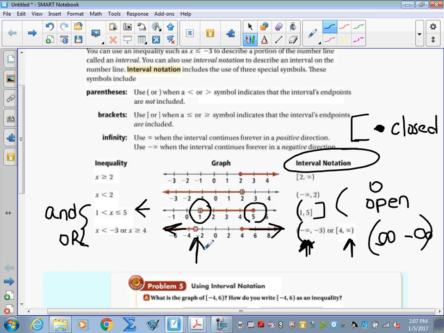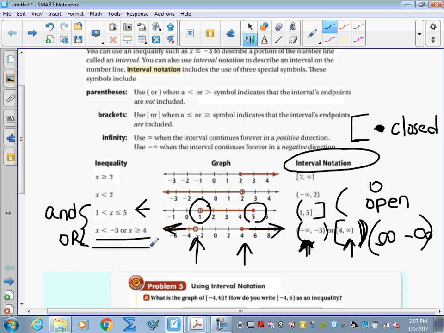And then for the -3 that's here, it's open, so that's why you see the parenthesis around the -3. On the other side, the 4 has a bracket around it because it's a closed dot, and then it goes to positive infinity. Again, we never close infinity. And that's all you do for interval notation.